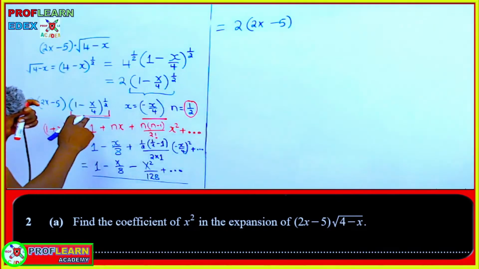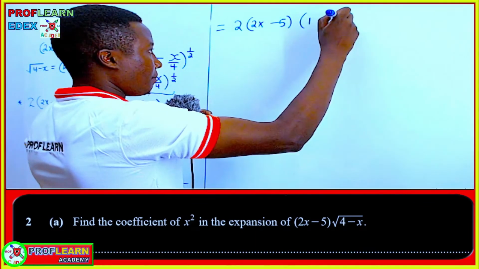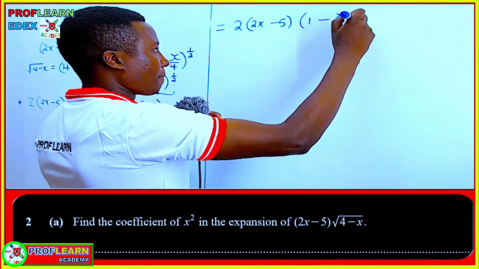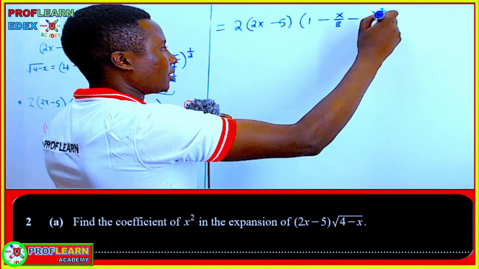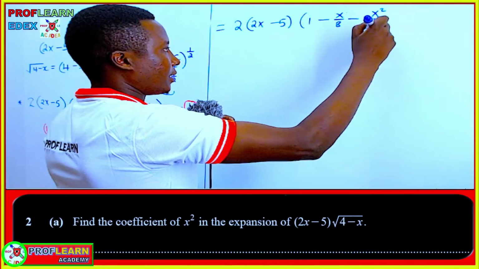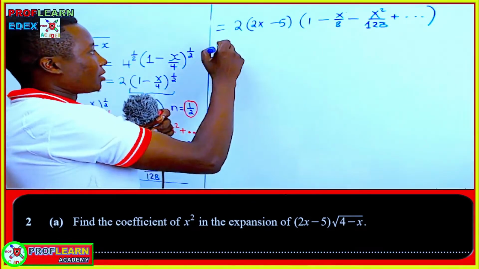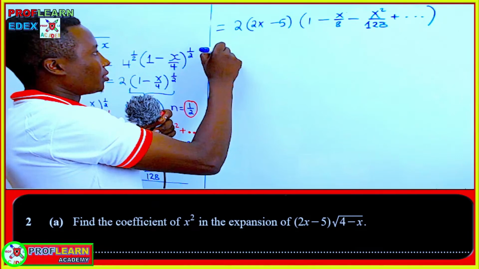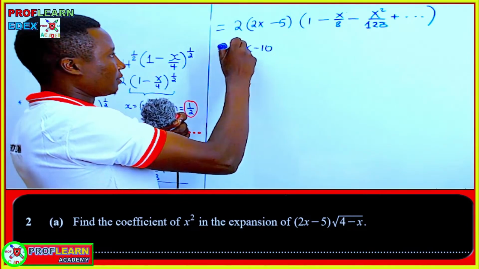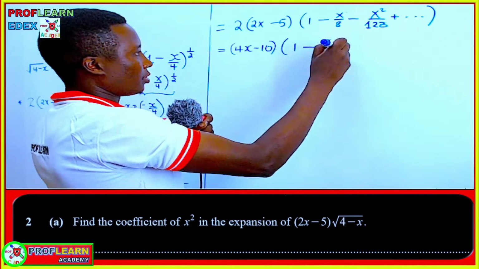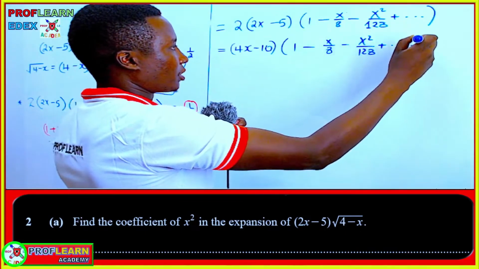But instead of writing this, we are going to write this part, which is actually 1 minus x over 8, then minus 1 x squared over 128, and the expansion continues like that. So once we have this, I'll try to reduce this upper part a little bit, so that we can say this is going to be 4x minus 10 into 1 minus x over 8 minus x squared over 128, then plus dot, like that.